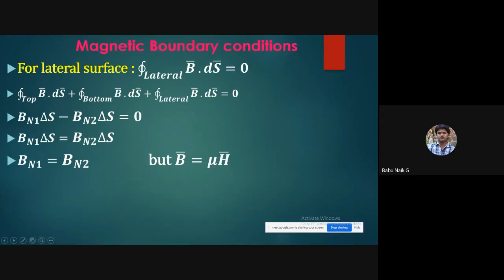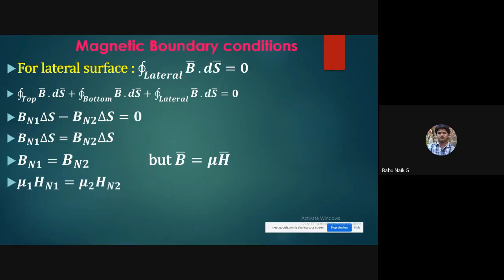Now for the cylindrical surface, both sides are the same, so delta S and delta h are also 0. Now we have the flux density Bn1 equal to Bn2. Okay. So on the boundary, both flux densities are the same, which is the normal in medium 1 and the normal in medium 2.